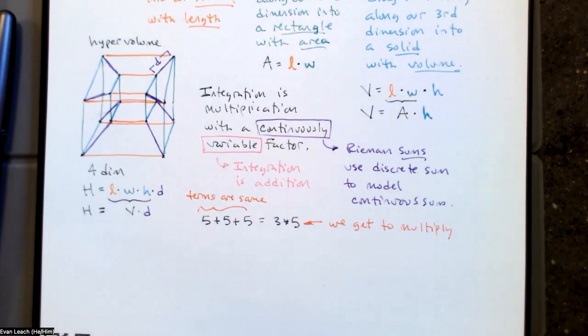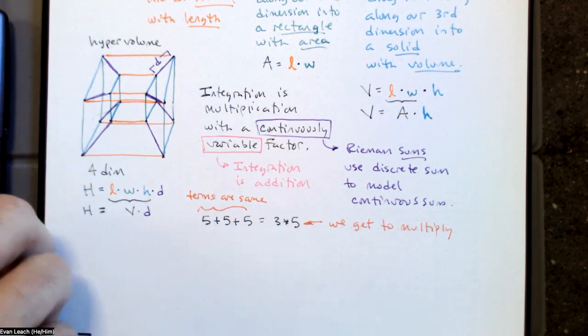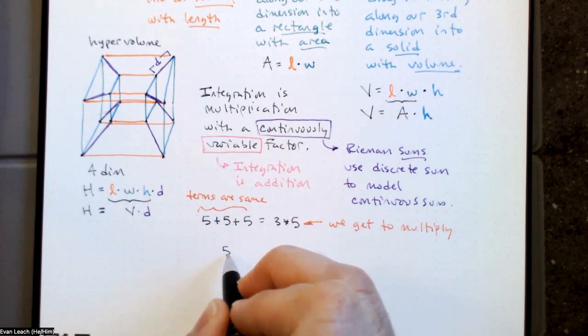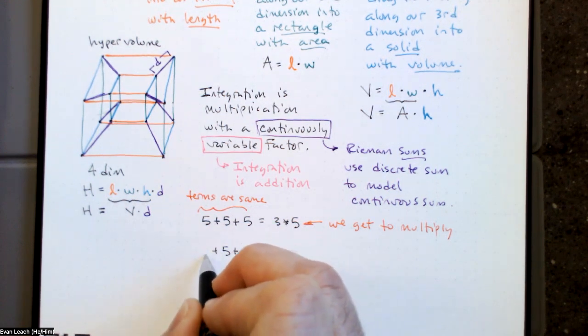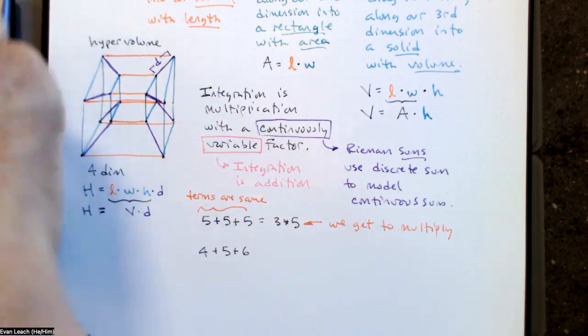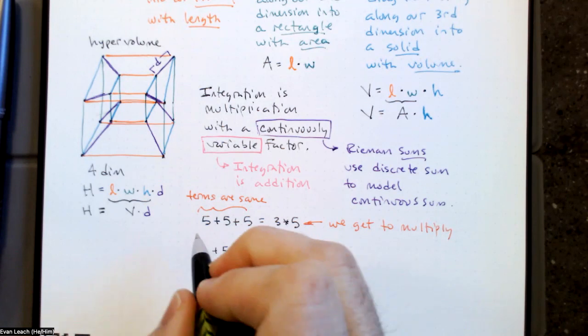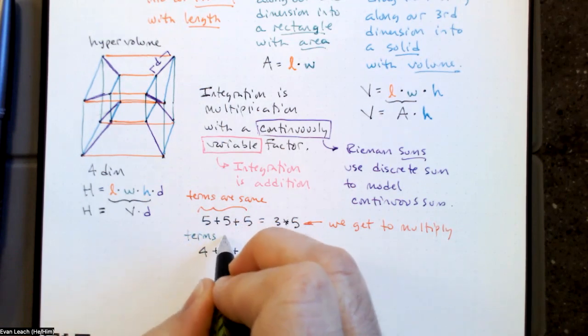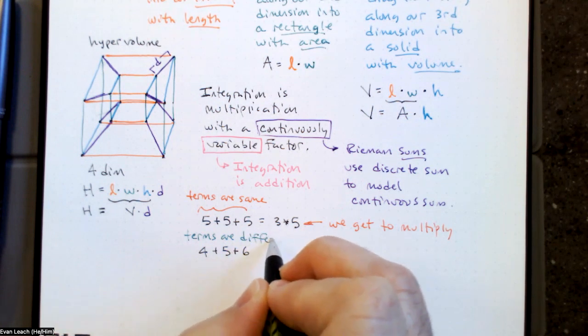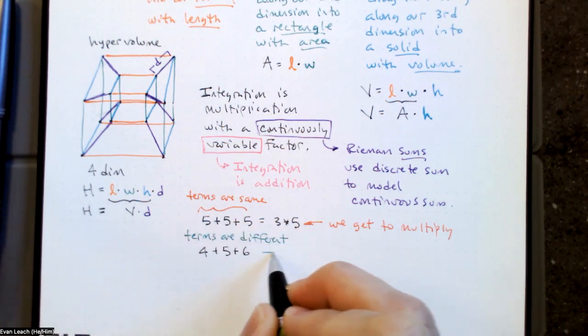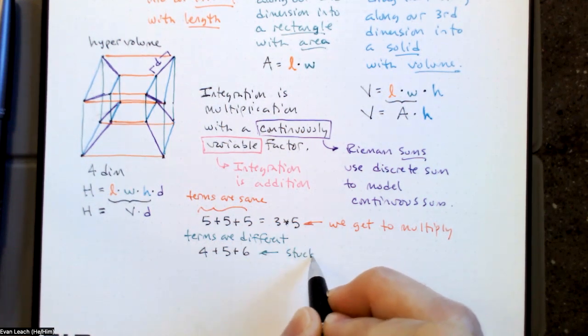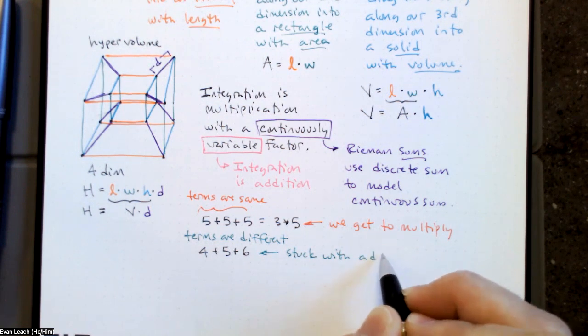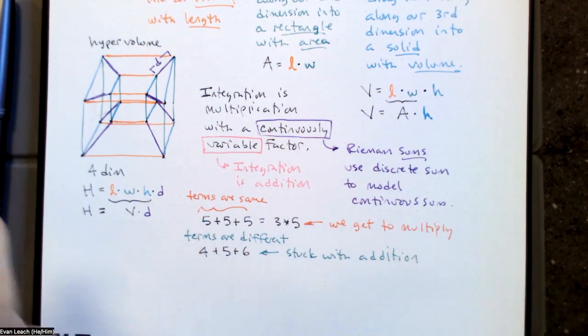If the terms are different, then we don't get to multiply. We're stuck with addition.